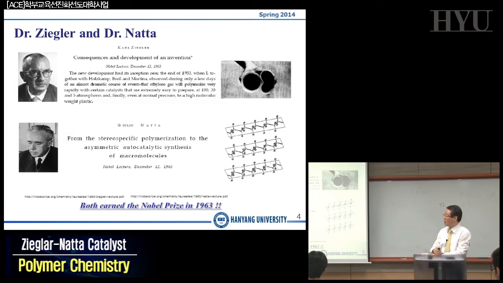The first Nobel Prize in polymer systems, I believe, is Staudinger. Staudinger received the Nobel Prize because of the macromolecular hypothesis, which was suggested in 1925-26 at the German Chemical Society, which I introduced in the first or second week of the polymer chemistry course.